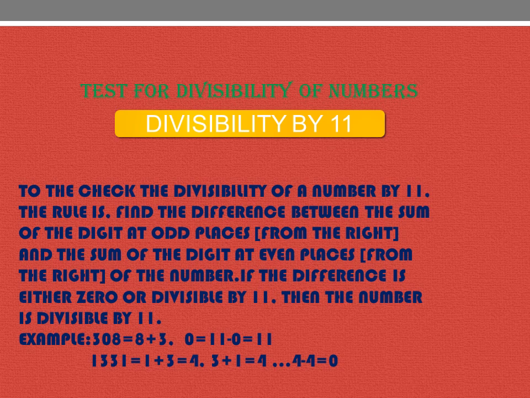Now you have to subtract these sums, that is 4 minus 4, the sum of the numbers at the odd places minus the sum of the numbers at the even places from the right. 4 minus 4 is equal to 0. If the result is either 0 or divisible by 11, then that number is divisible by 11. Hope it is clear to you, children.